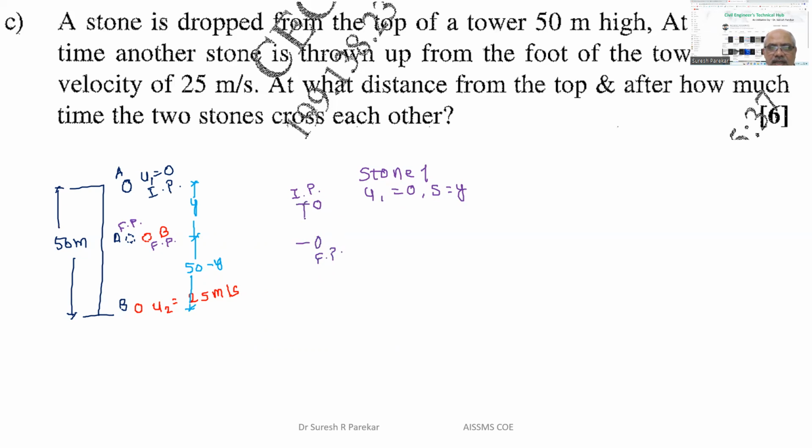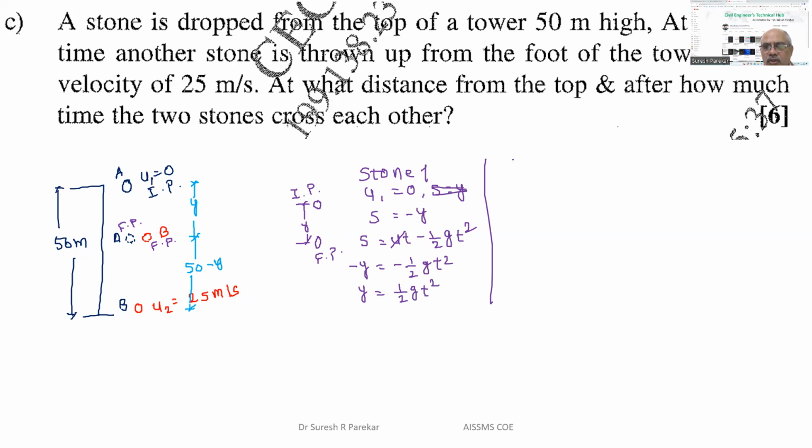Now the final position is below, so I will get this value of s, and that I will write as minus y. Then we have s equal to ut minus half gt square. Now this u is 0, so minus y equal to minus half gt square. And we have y is equal to half gt square. This is for stone 1.